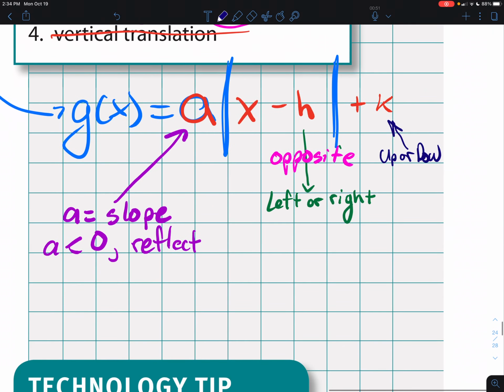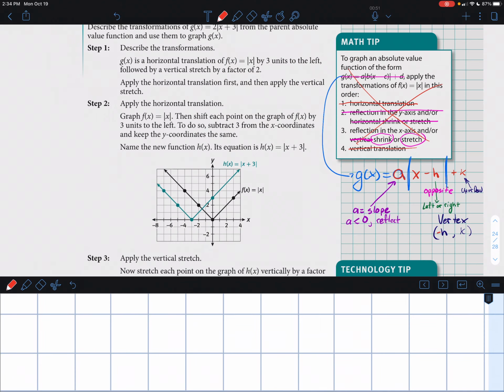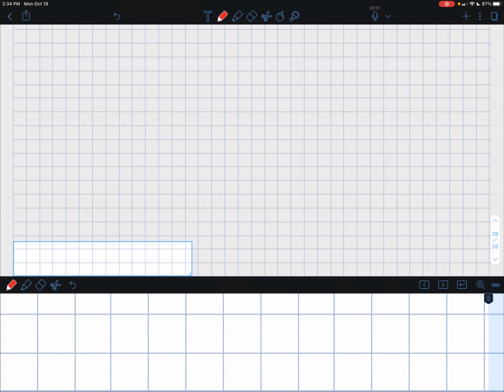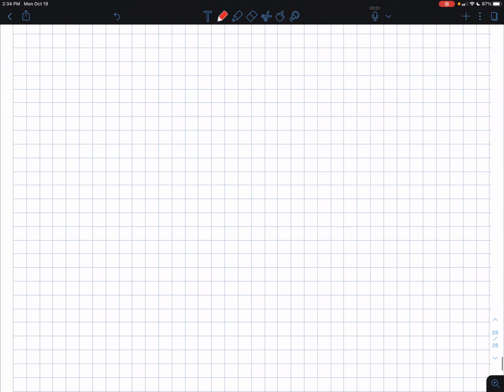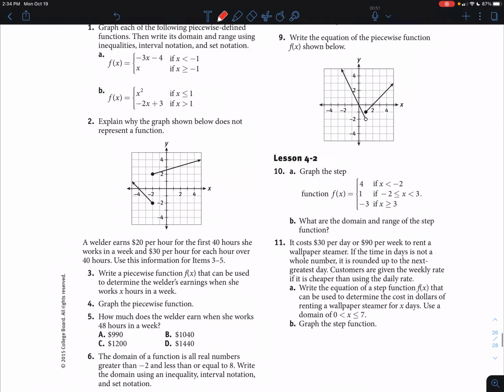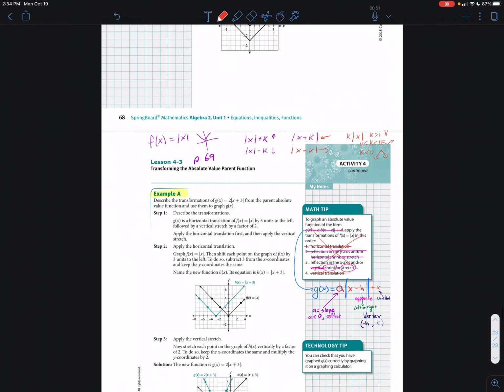So basically, these two, h and k, tell you your vertex. The opposite of h and k tell you your vertex. I'm going to put a negative sign here to represent that. The opposite of h is your x, and then k is your y.